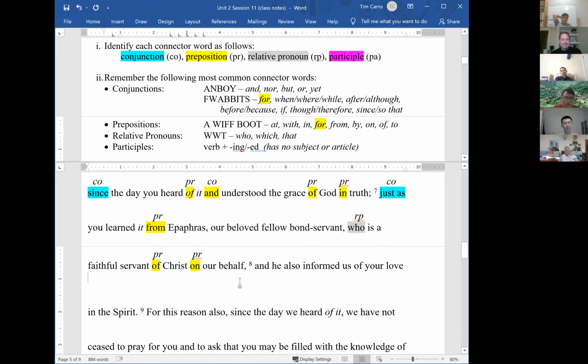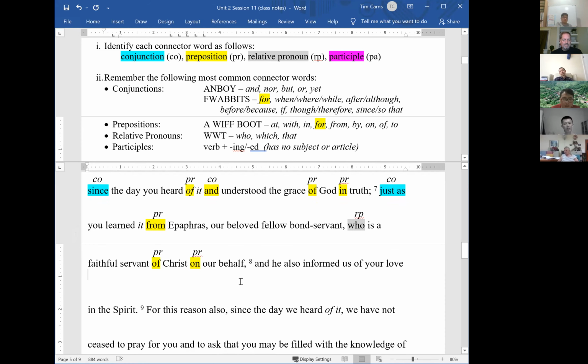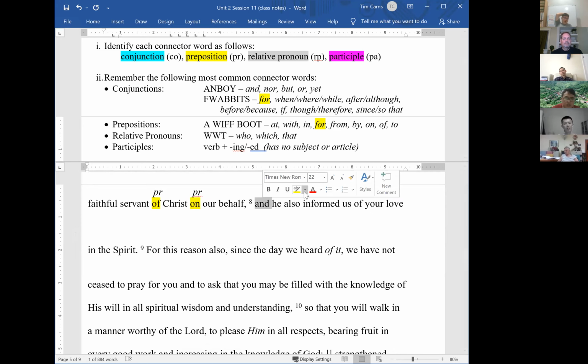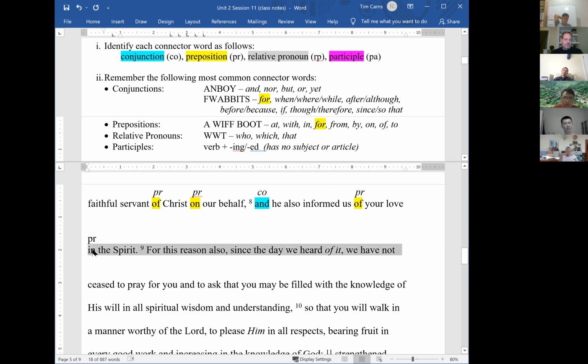Can you keep going, verse 8? Yes. And he also informs us, so the word "and" is a conjunction. Of is a preposition, the love in the Spirit, in is a preposition.